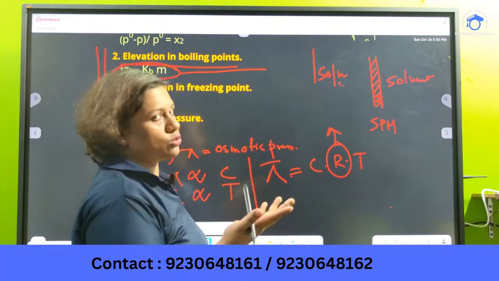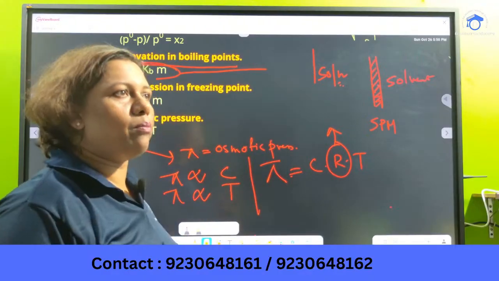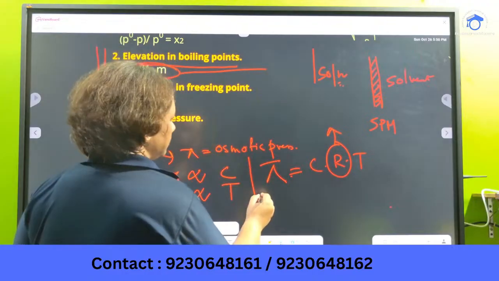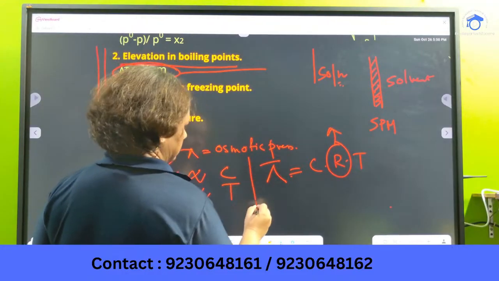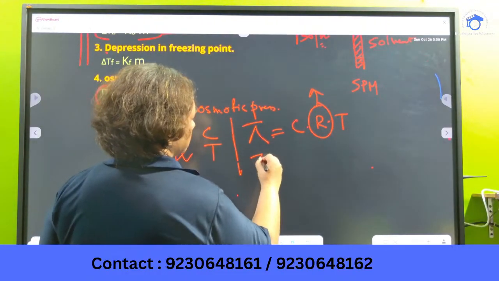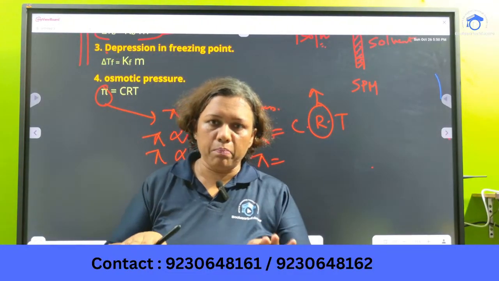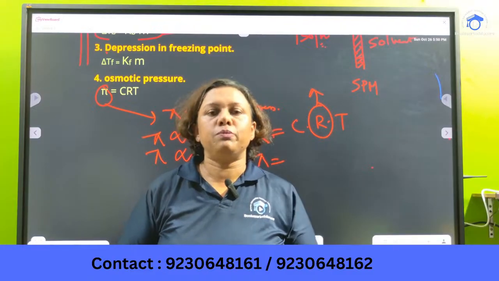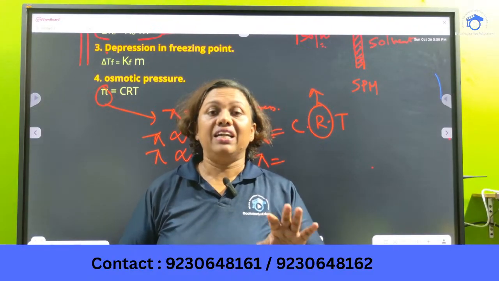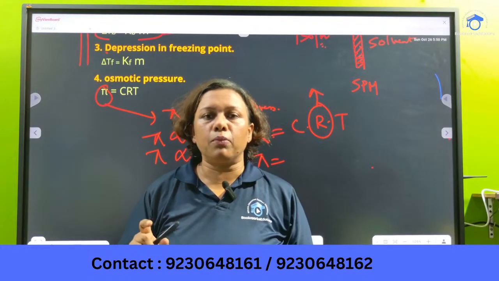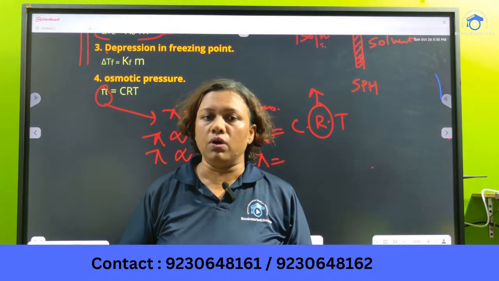Okay, so to simplify again, the motto of every colligative property is to calculate the relative molecular mass of the solute. Concentration means, let's make a very basic concept, the difference between concentration and density. Density is the mass present per unit volume, concentration is the number of moles present per unit volume.